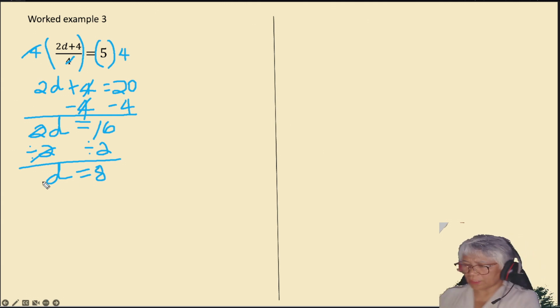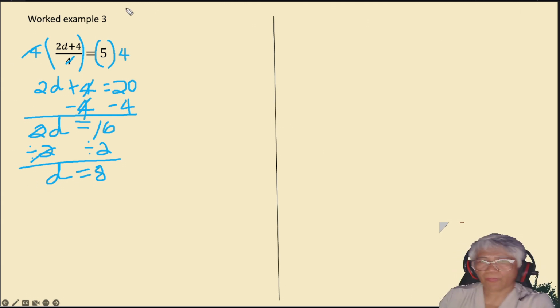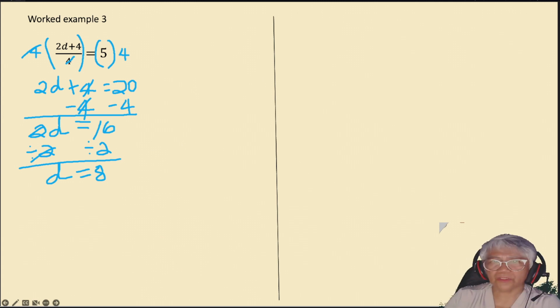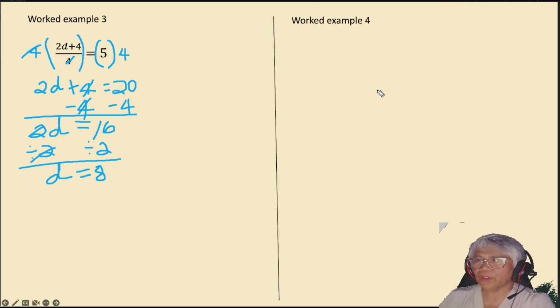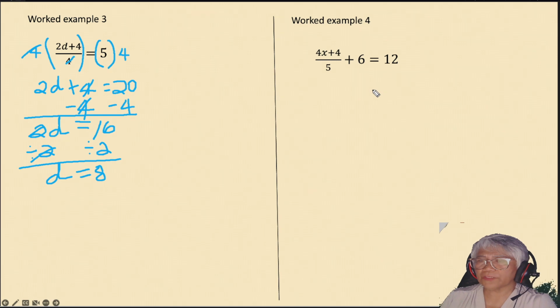Now we go to example number 4. You have 4x plus 4 all over 5 plus 6 equals 12.